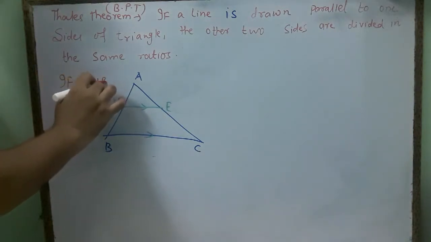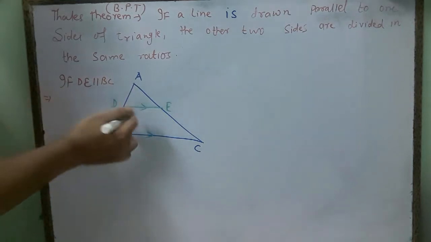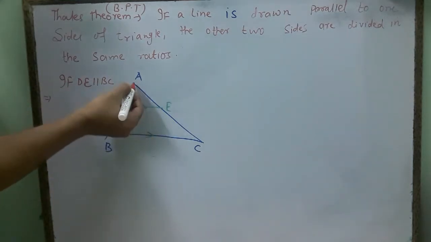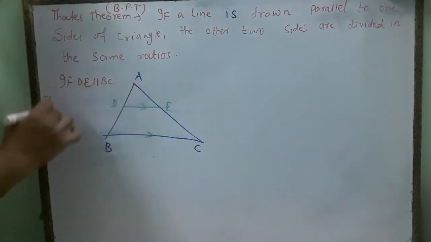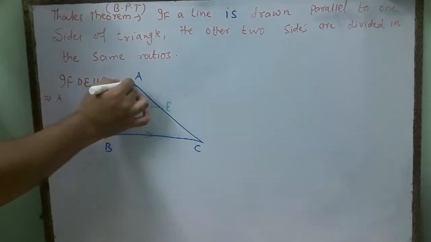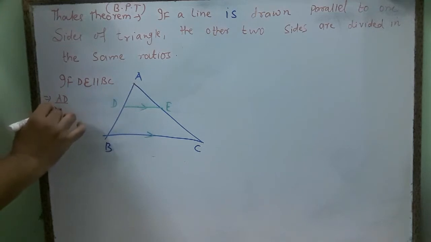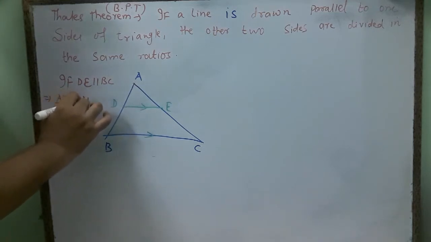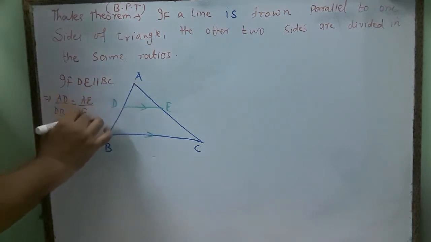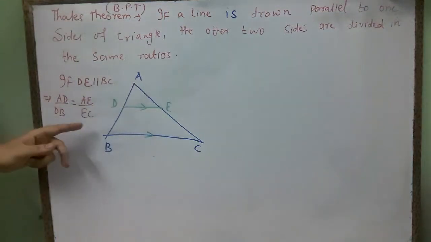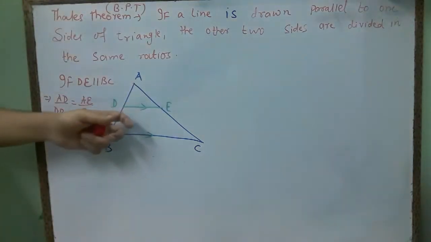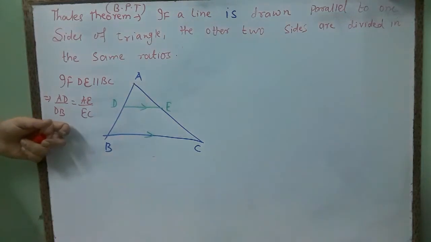Then the ratio will be taken just opposite to the vertex, that is A. Count from here, A to D: AD divided by DB is equal to AE divided by EC. This will be the ratio, and if I take this figure, then I have to show this part.